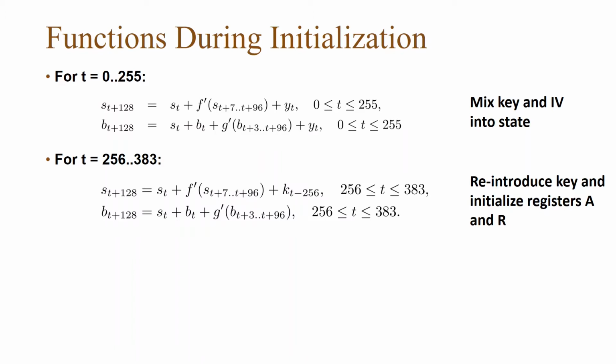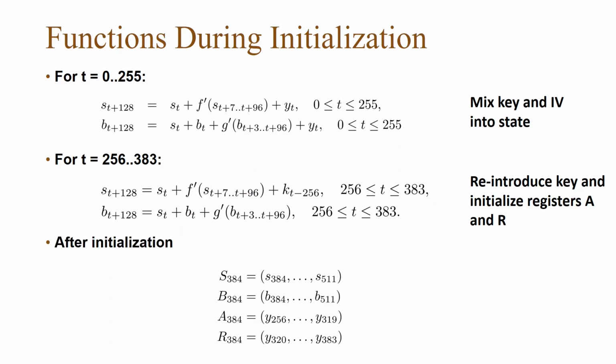We do this in the first 256 steps in order to mix the key and the IV into the state. For the next 128 steps, we remove the feedback from the cipher, but instead we reintroduce the key into the LFSR. And we do that while at the same time we initialize the registers A and R. Since these are 64 bits each, this initialization will be done during these 128 clocks.